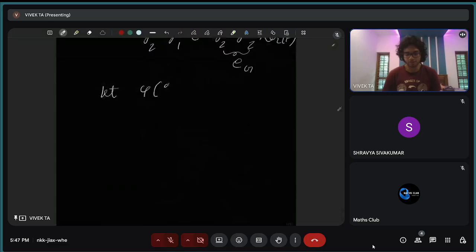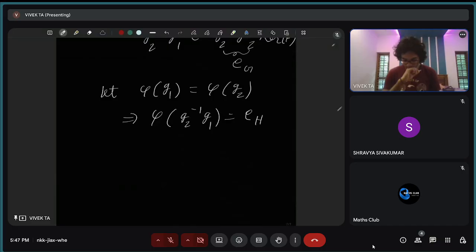Let's say phi of g1 equals phi of g2. If these two are equal, this would imply phi of g2 inverse g1 equals e. This is fine.